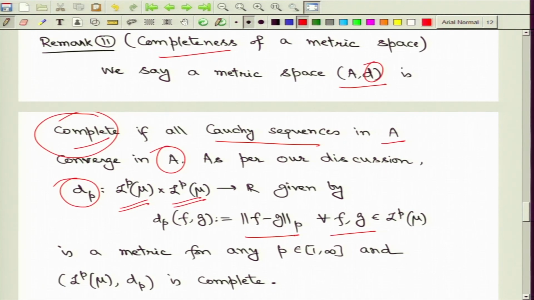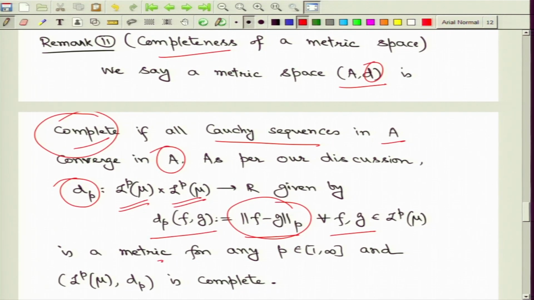Remember first that L p spaces are linear spaces. So, given any two functions f and g, f minus g is also in L p. So, we can talk about this quantity. So, this distance is well defined. Moreover, the norm is always non-negative and it will satisfy all the required properties of a metric as per the definition of a metric.